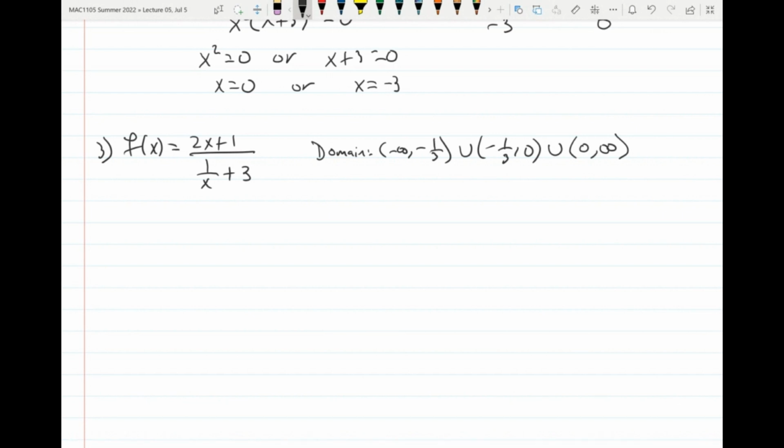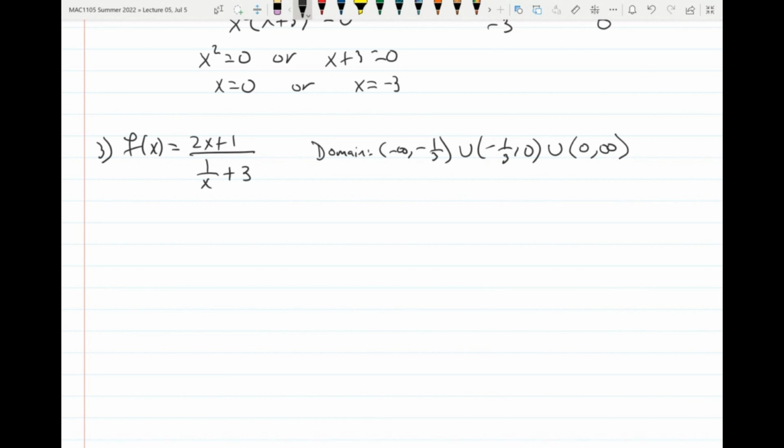Wouldn't it not have the 0 because it's only 1x? Why is that? I don't understand the reason. So say that again. It's only 1x. Okay. You can have x equals 0. Can you have x equals 0 in this function? So you have to avoid it, right?